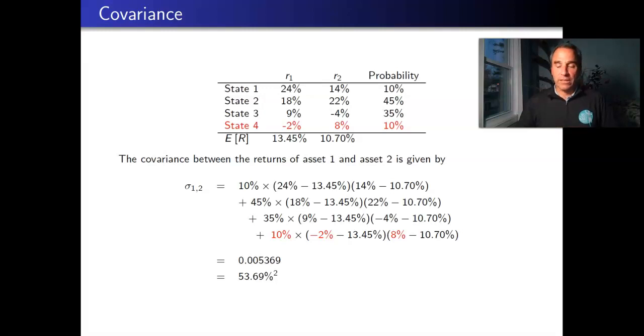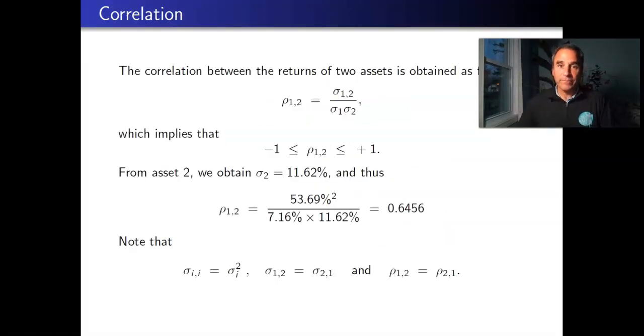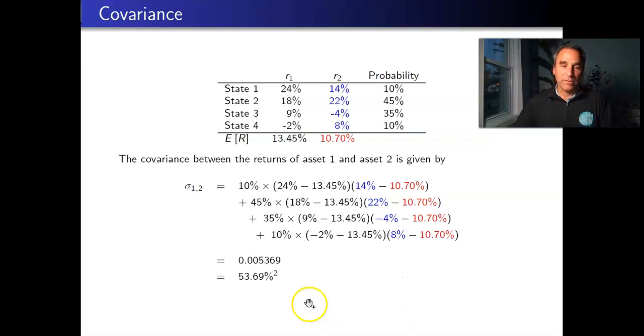In state 4, asset 1 returns minus 2, asset 2 returns 8. We always take the difference between each of the returns of asset 1 and the expected return of asset 1. We do the same with asset 2, and the result gives us 53.69 percentage squared.